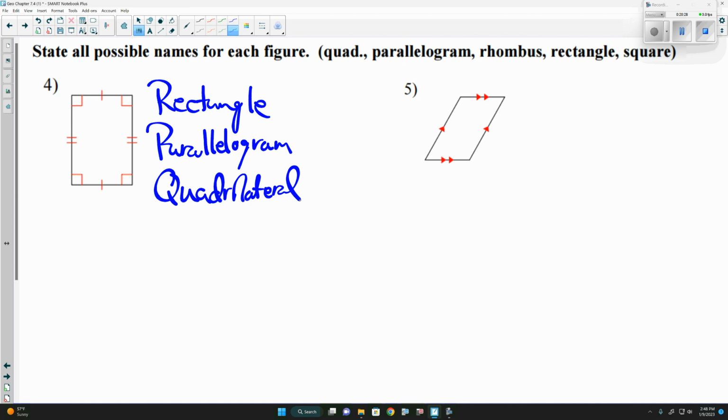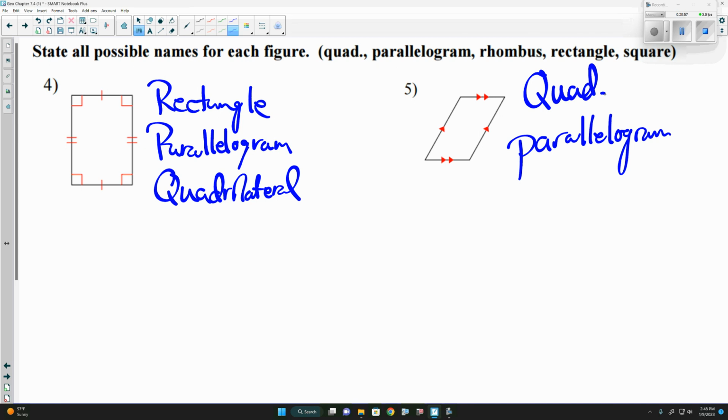Number 5, what would it be? Parallelogram, yes. Anything else? Quadrilateral, because it has 4 sides. As long as it has 4 sides, it will be a quadrilateral. It is a parallelogram because we have 2 sets of parallel sides.